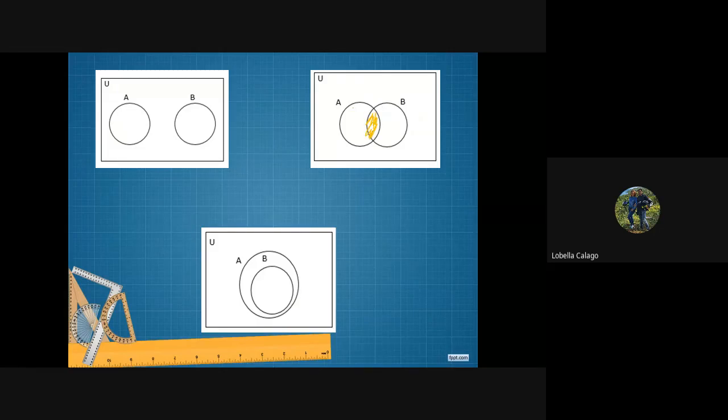While this one is the union, pag i-combine lahat. While this one, sa third one, makikita natin na si B is a subset of A. Nasa loob kasi si B sa A. That's why B is a subset of A.